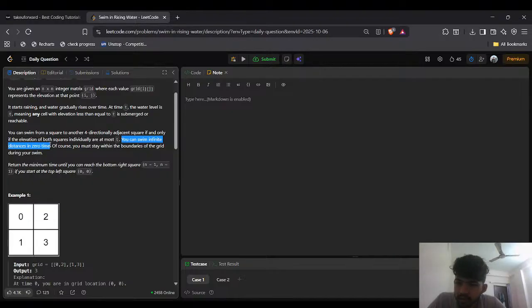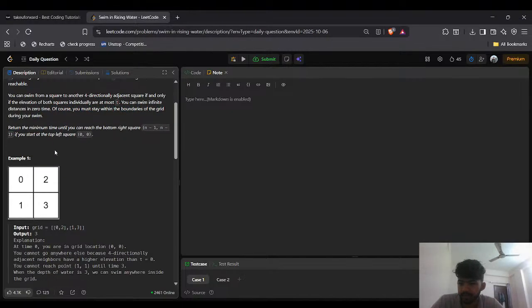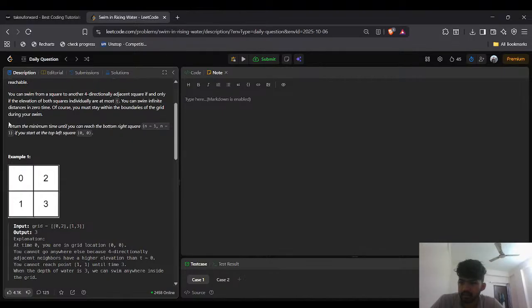You can swim infinite distance in 0 time. Of course, you must stay within the boundaries of the grid during the swim. Return the minimum time until you can reach the bottom right square.